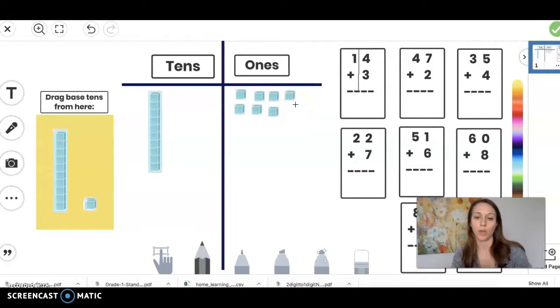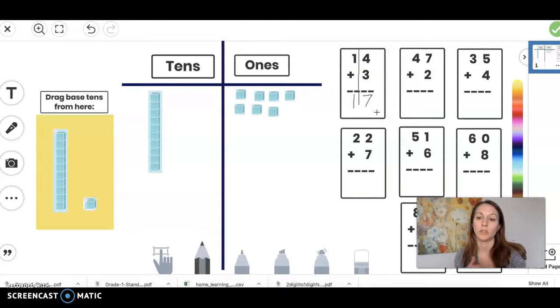Let's count together. 1, 2, 3, 4, 5, 6, 7. Now students, let's practice making sure that we put our ones place value on the ones side. So I'm going to put a 7 here. And what is 1 plus nothing? It equals 1. So therefore, 14 plus 3 equals 17.